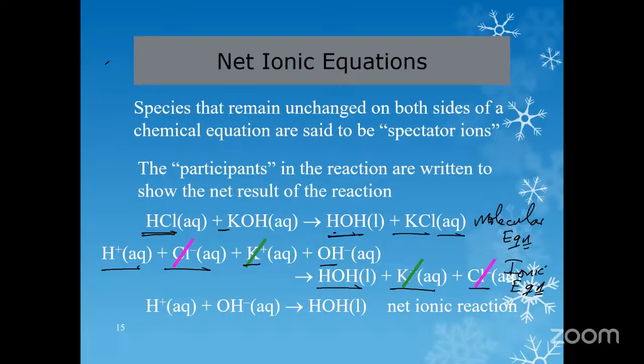Those are the spectator ions, the ions that you will cancel out. Once you cancel them out, whatever remains constitutes the net ionic equation. We have seen that in this case, where we're dealing with a neutralization reaction, but you're going to see that also in other cases in this chapter.